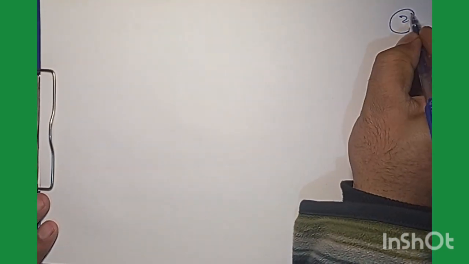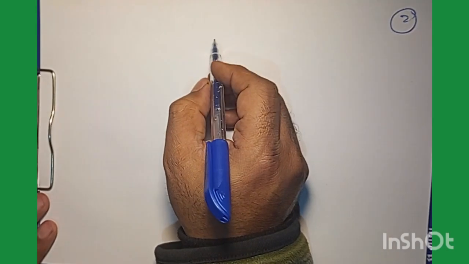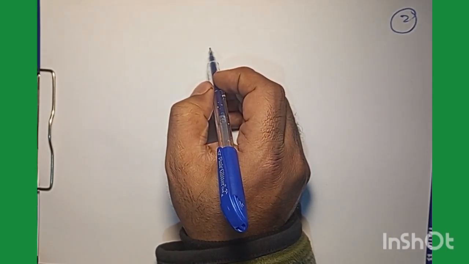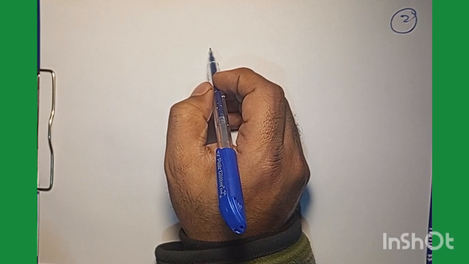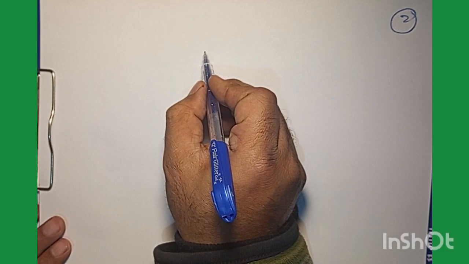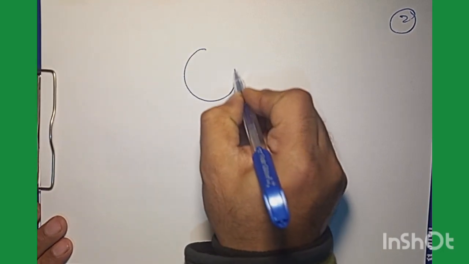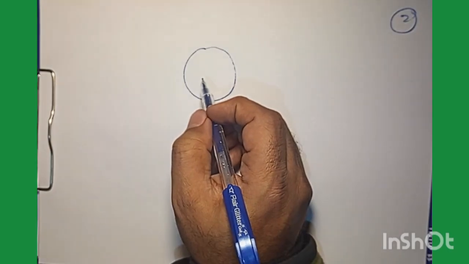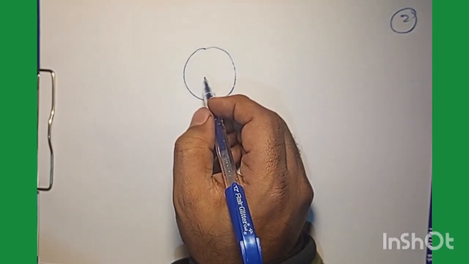So I would like to draw this into a circuit symbol for this kind of configuration that we have talked about. What we have here is a transistor, and this transistor is an NPN transistor.